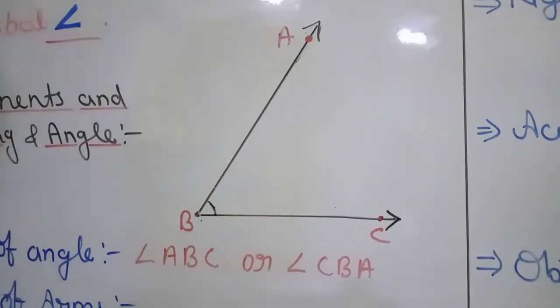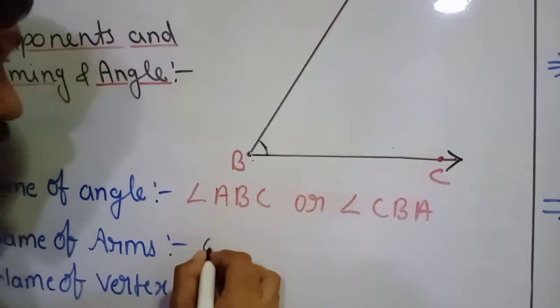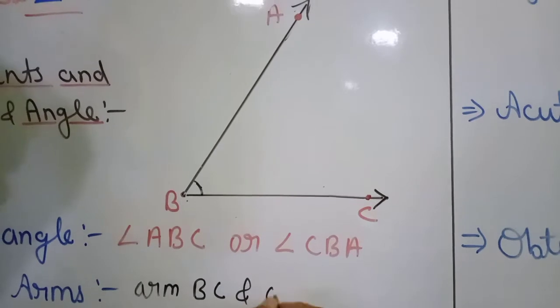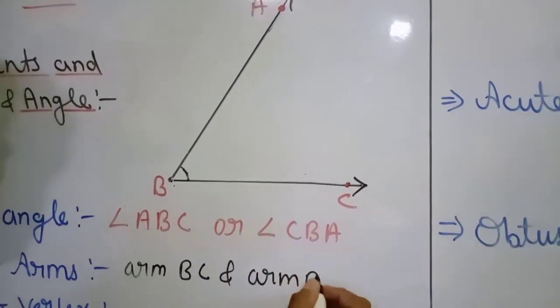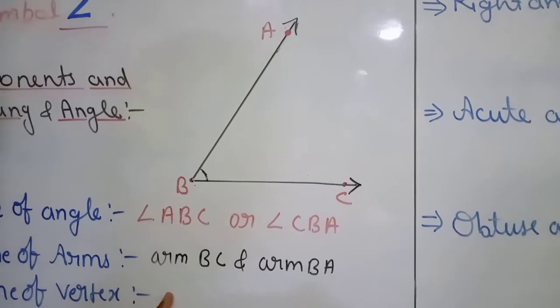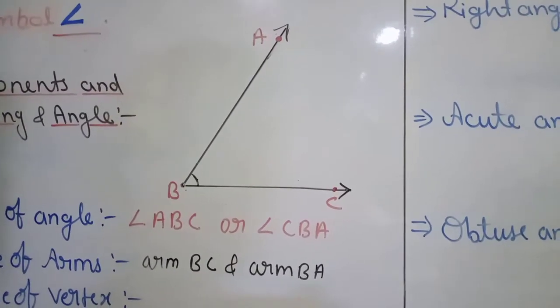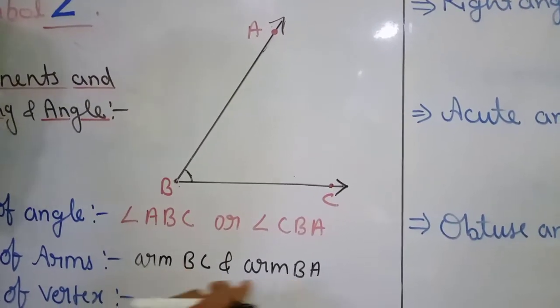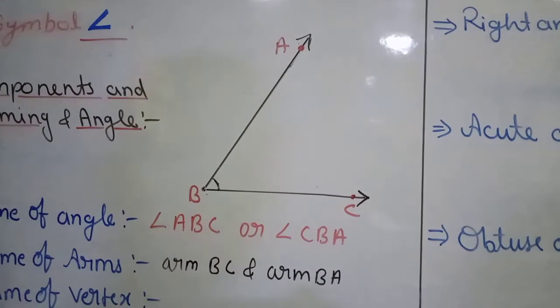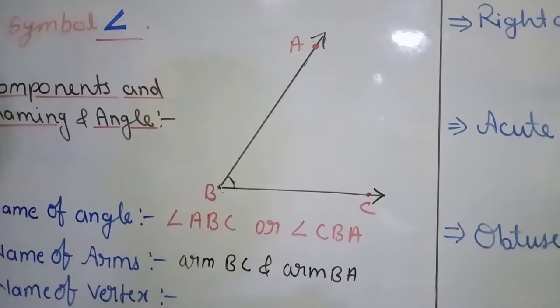So how can we write arm BC and arm BA? Yes, this way we can write BC and BA. You can see here we use B in both as the starting point, because this is the common endpoint of these two rays.